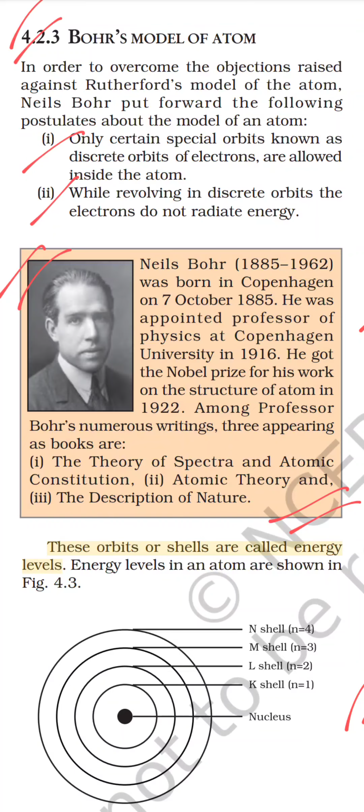He got the Nobel Prize for his work on the structure of the atom in 1922. Among Professor Bohr's numerous writings, three appearing as books are: first, The Theory of Spectra and Atomic Constitution; second, Atomic Theory; and third, The Description of Nature.